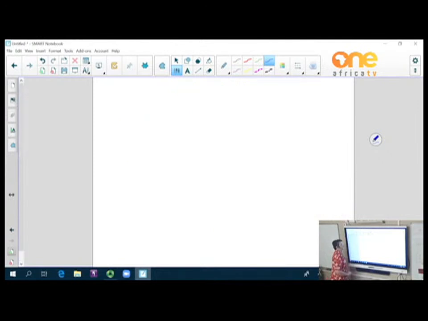Okay. Now, the big new thing that we want to look at now is exponential and logarithmic functions and graphs. We want to look at those graphs specifically. So this is exponential graphs.